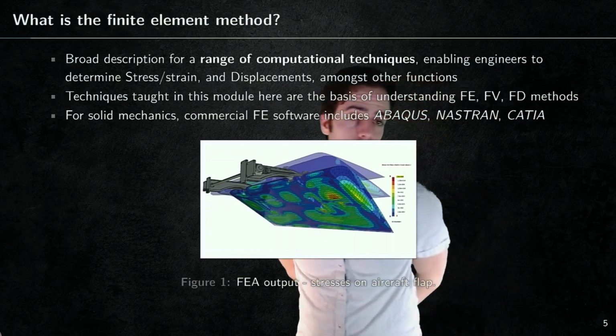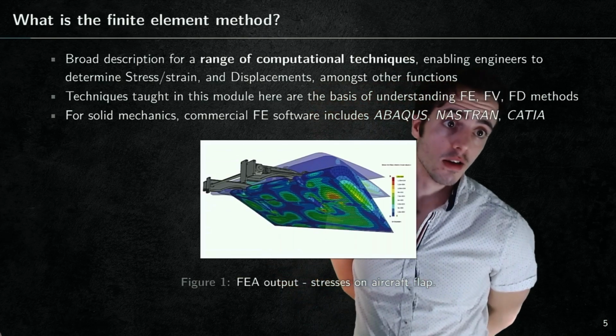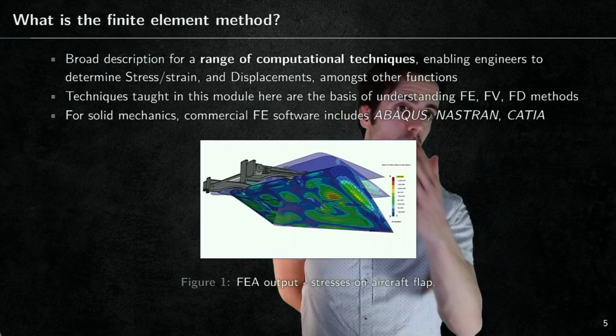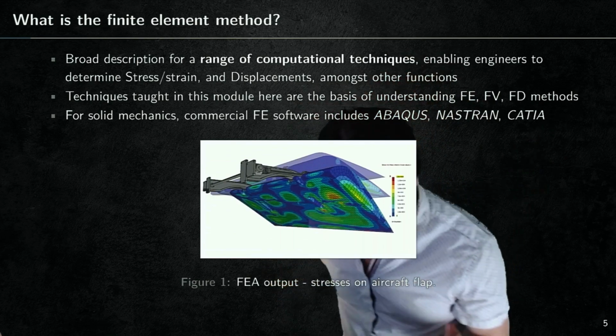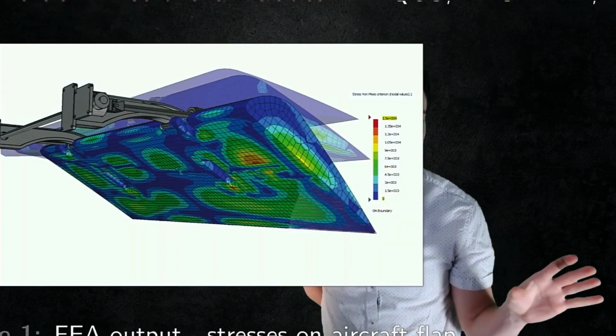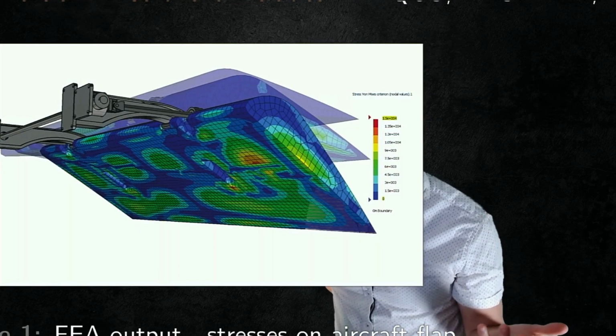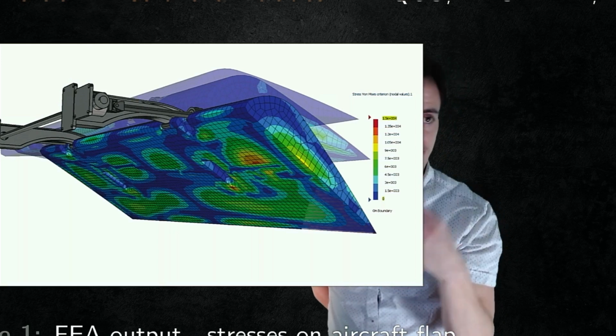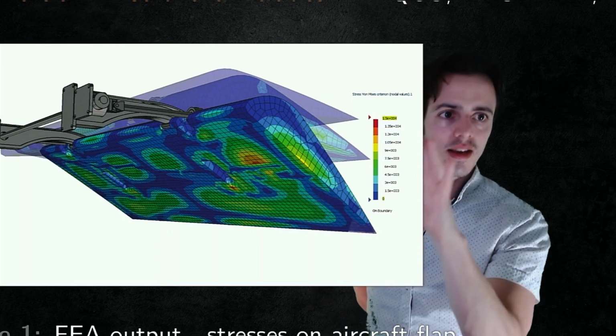In solid mechanics, this methodology is applied on a large scale. We've got lots of different finite element packages, so you might recognize some of these names. This is just to look at the stresses using finite elements on a wing flap. For example, here, you can see these individual cells. These are finite elements within this structure.